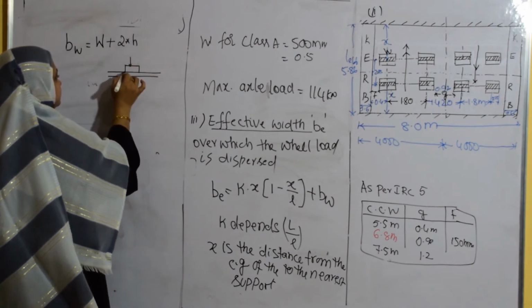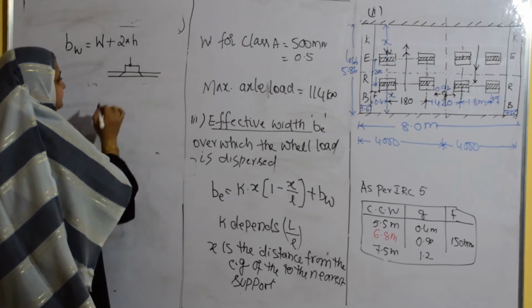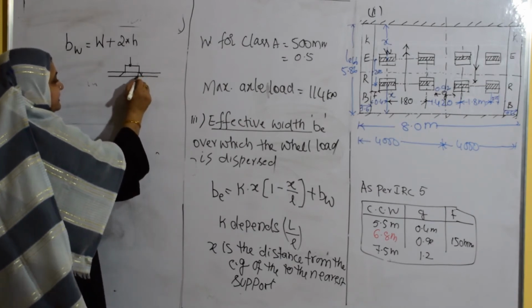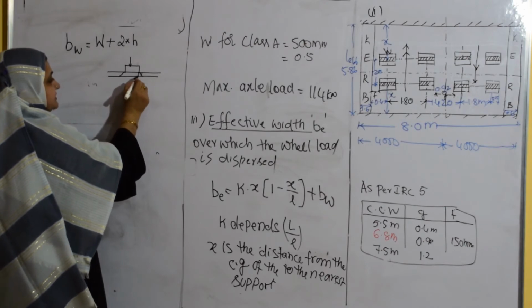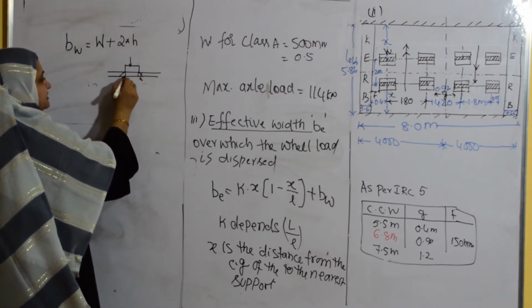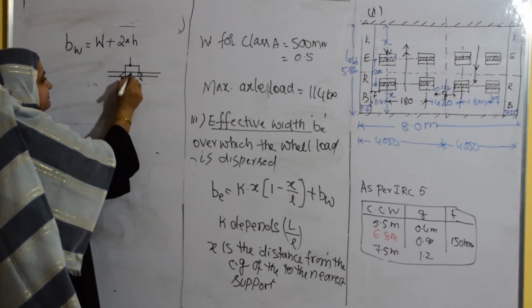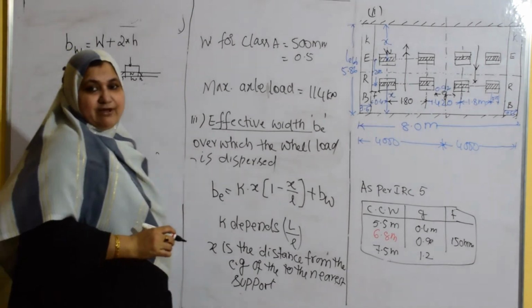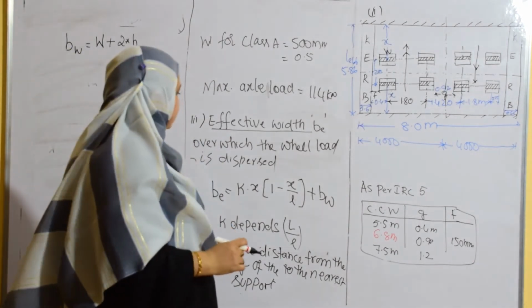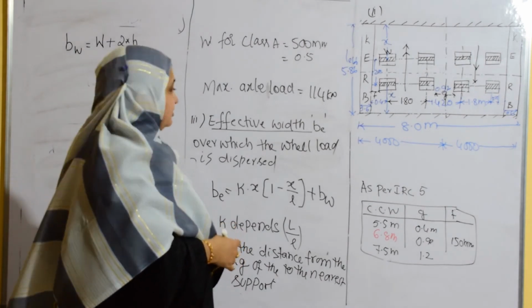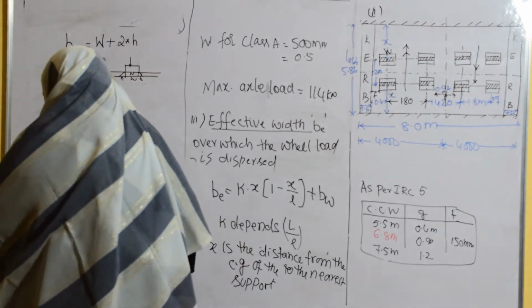This is getting dispersed at 45 degrees, so whatever this distance is, the same is this one. So this is H, this is also H, and this is W. So W plus 2H is the BW value. In this way we can calculate the BW value. So the effective width is completed.